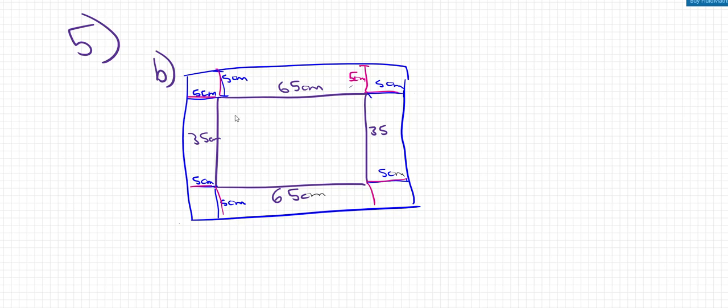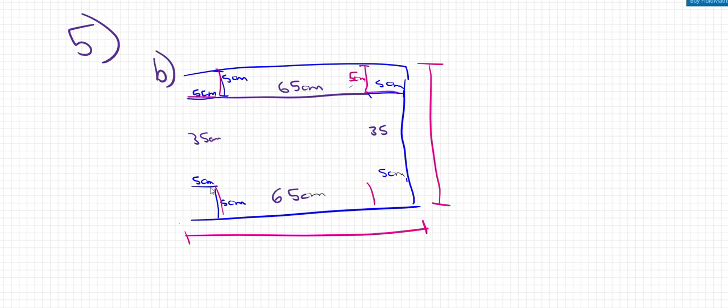So to work out the length and width of the frame, what's the length of the frame, if I know the picture from here to here was 65 centimeters, I have to add on 5 centimeters on both sides. So the length is all the way from here to here. There's my frame. So I've got 5 plus 65 plus 5.